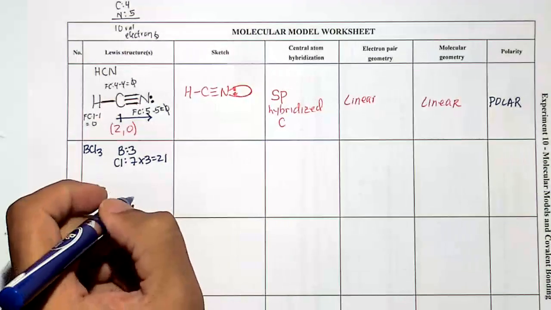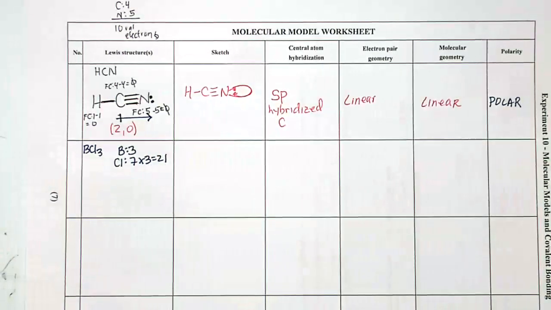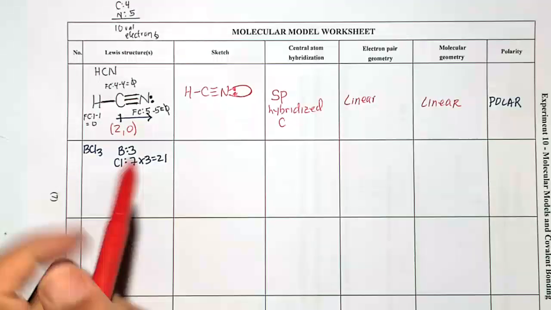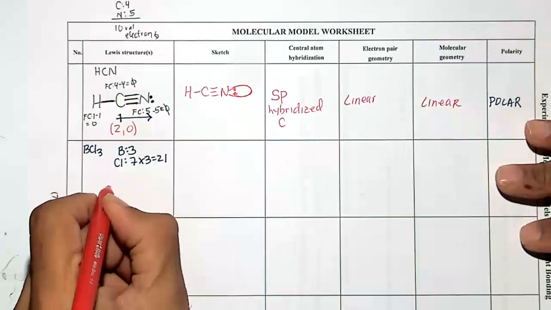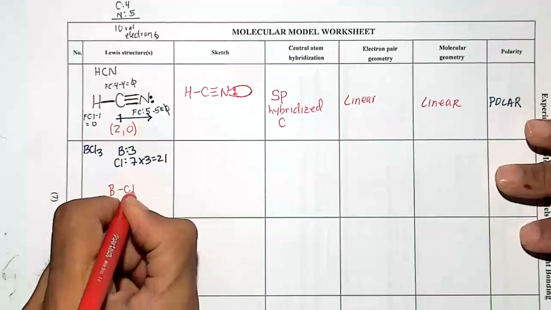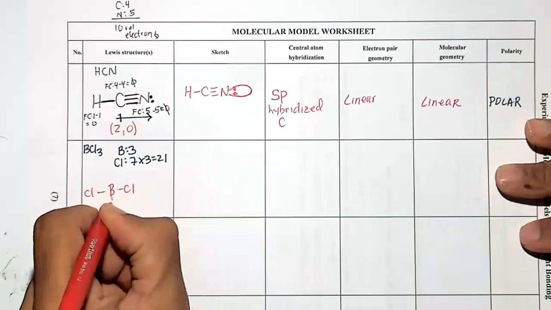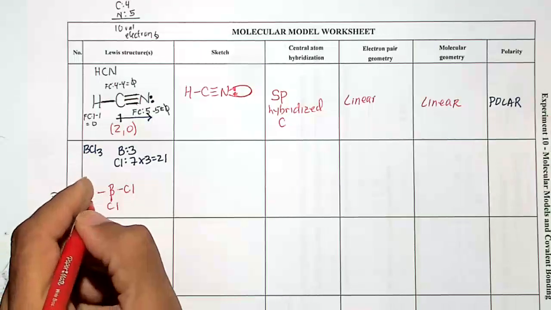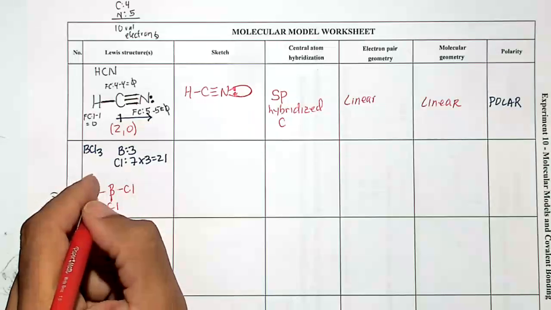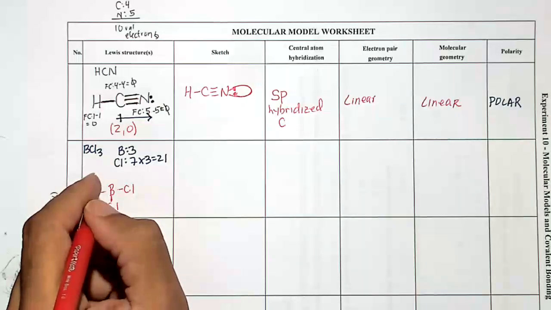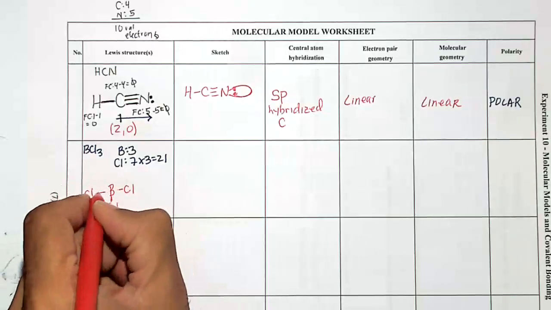All right, so what is our central atom? And what is attached to the boron? Cl, Cl, and Cl. What did we say about halogens? Single bond and how many lone pairs? Single bond with 3 lone pairs.